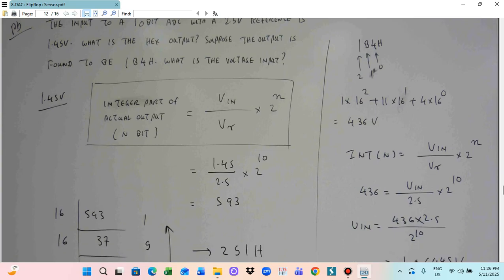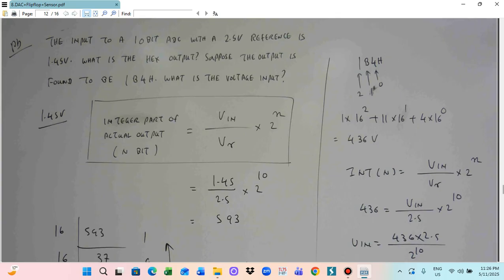The next one is 1B4H. In this case, we have to find out the input voltage. So 1B4H equal to 1 multiplied by 16 square plus B is 11, 11 multiplied by 16 power 1, and 4 multiplied by 16 power 0. So you got 436.